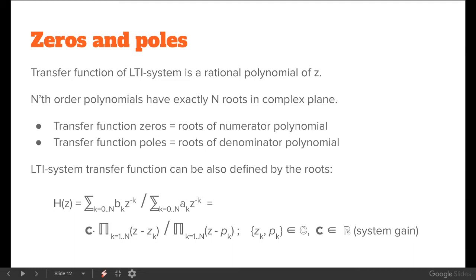Same thing here, a0 z to n plus, and so on, plus an.